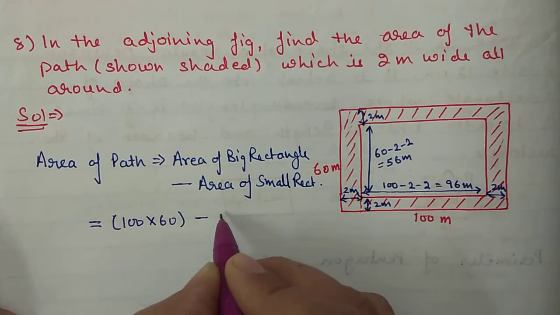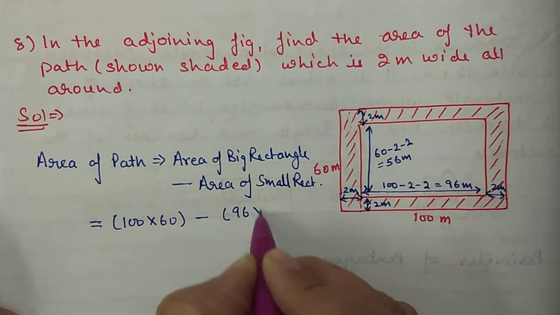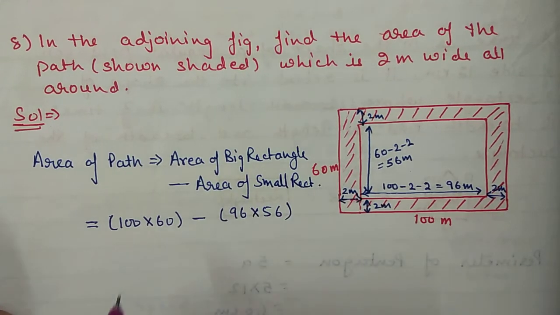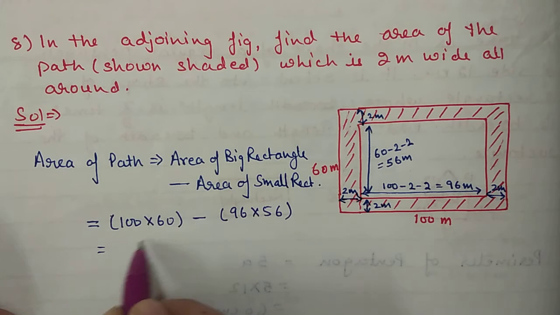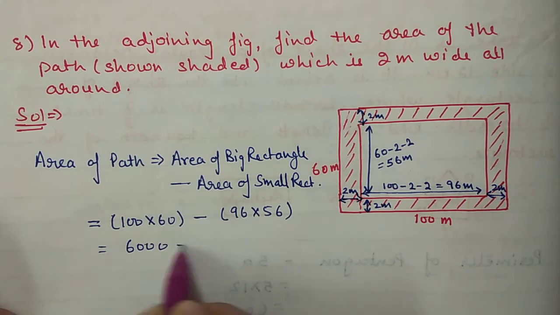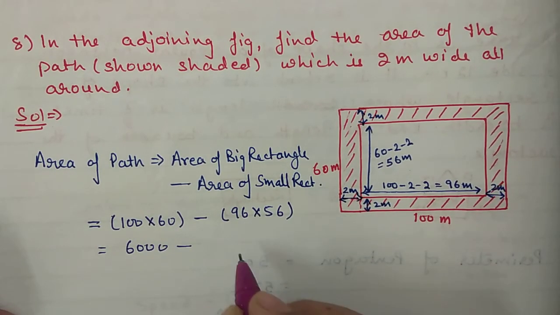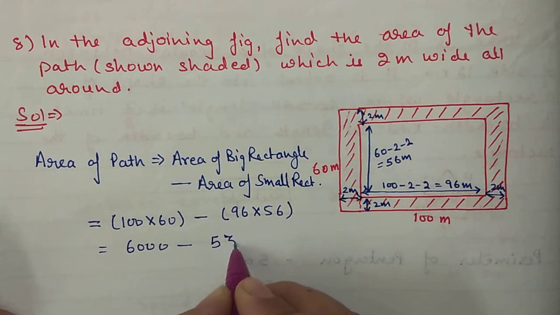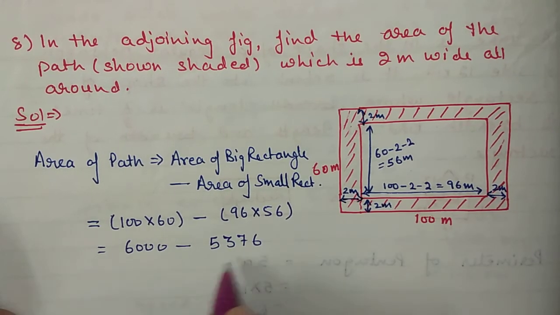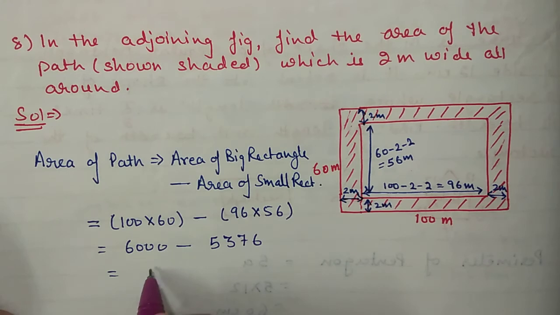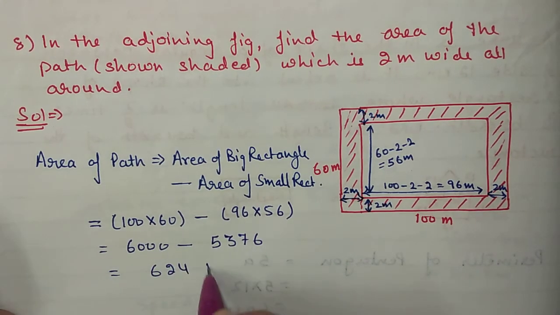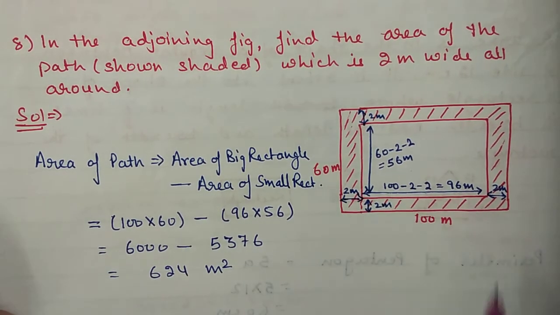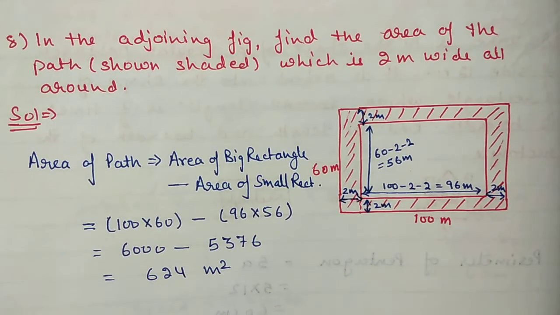And area of small rectangle, length is 96, breadth is 56. So multiply first, you will get here 6000 minus 96 into 56, which is 5376. After subtraction we will get 624 meter square, because all these units are given in meter.